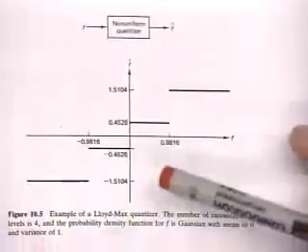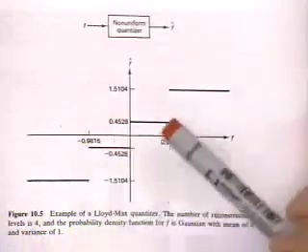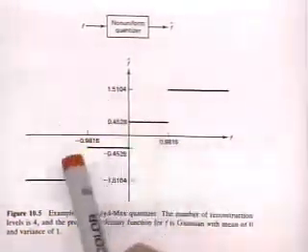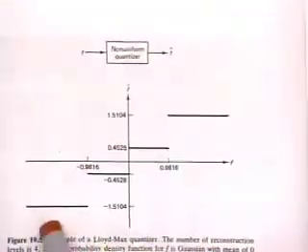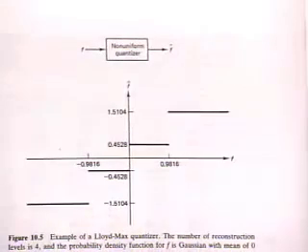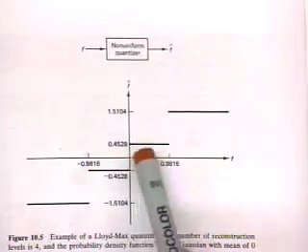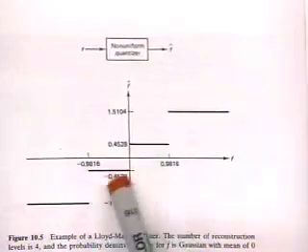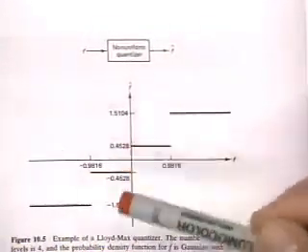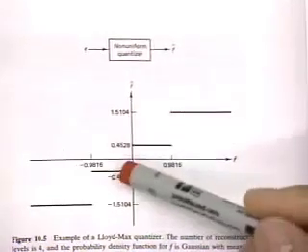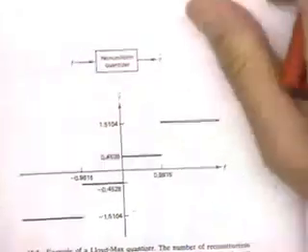All the values below minus 0.98, we assign the value of minus 1.5, and for all the values between minus 0.98 and 0, we assign the value of minus 0.45. So the spacing between different reconstruction levels is non-uniform, and the spacing between the decision boundaries is also non-uniform.